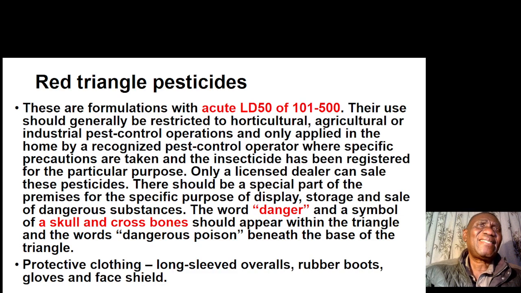The word danger and the symbol of skull and crossbones should appear within the triangle, and the words dangerous poison beneath the base of the triangle. Again, protective clothing is now consistent: long-sleeved overalls, rubber boots, gloves, and face shield.